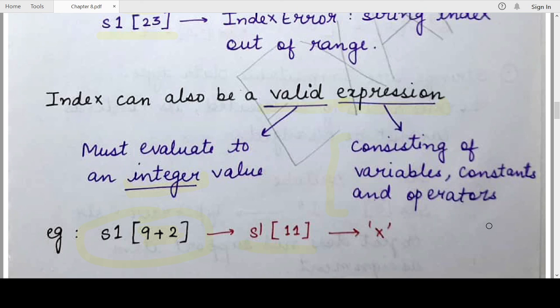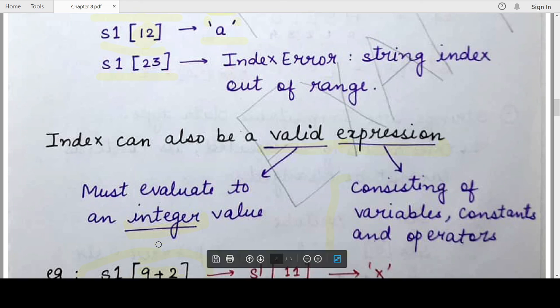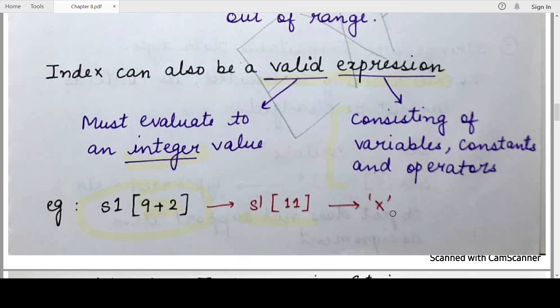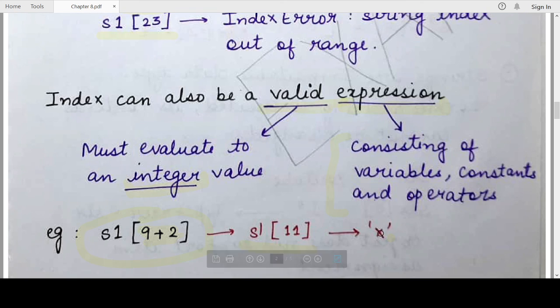So in this case, 9 plus 2 is the expression. The final value obtained after evaluating this expression is 11. So the return value of this particular statement would be the character present at the 11th index, and as we have seen, at the 11th index, small x is present. Therefore the return value would be small x in this case.